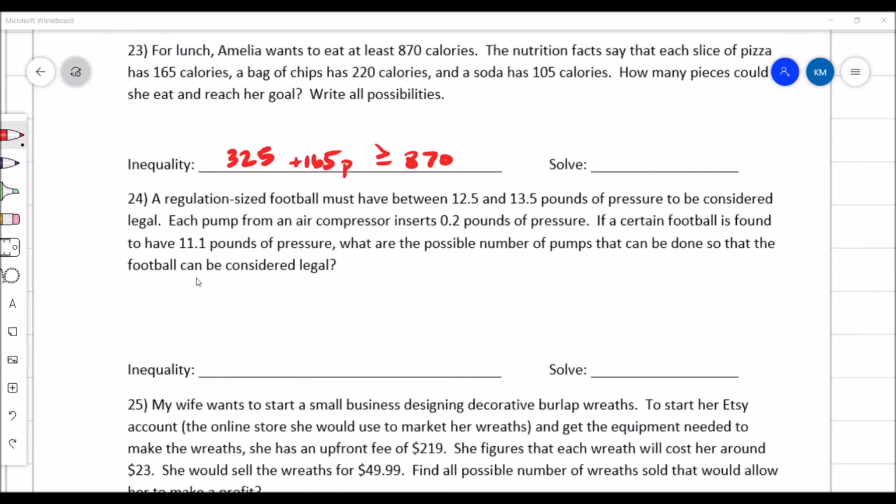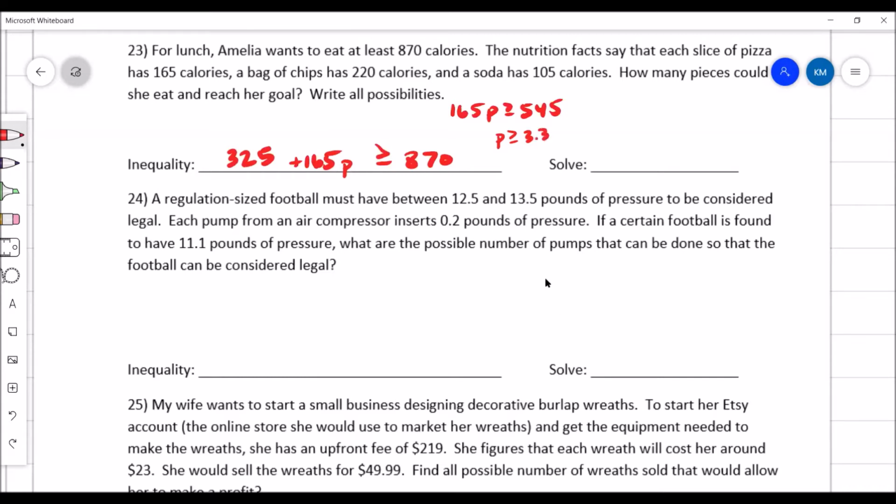870 minus 325 gives us 545. And so we're left with 165p is greater than or equal to 545. So in order to get how many pieces of pizza, we'll do 545 divided by 165. We find that P is greater than or equal to 3.3 pieces of pizza.